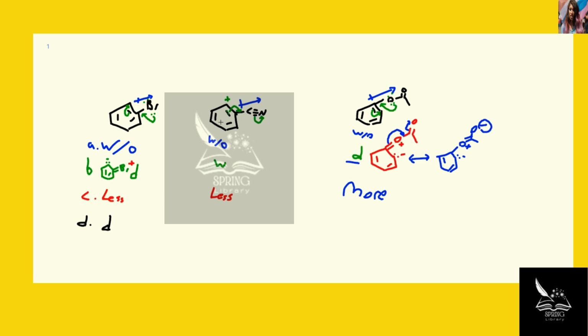This has less electron density in your benzene ring, so it's going to be less activated for electrophilic aromatic substitution. However, this one, because we have more electron density in the benzene ring through the carbanion formation, by default, this benzene ring is going to be more nucleophilic. Therefore, it's going to be activated for electrophilic aromatic substitution.